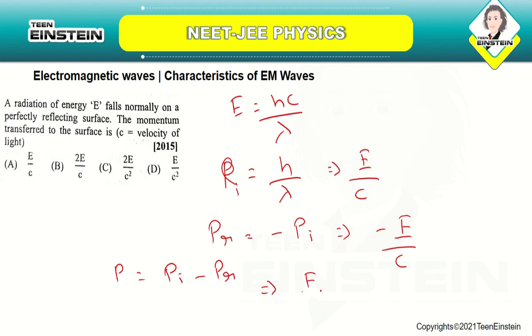So it is E by C plus E by C, which will be equal to 2E by C. So the correct answer is option number B.